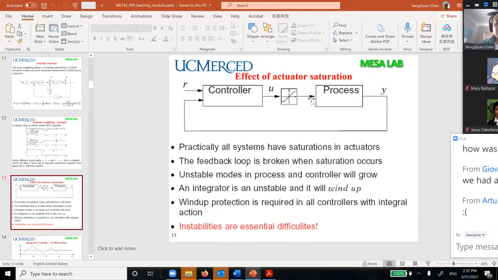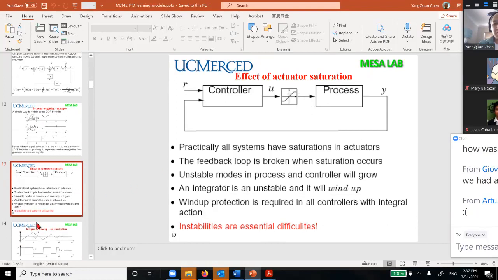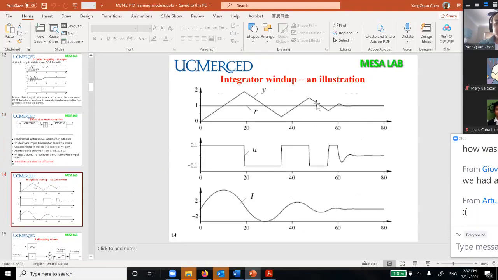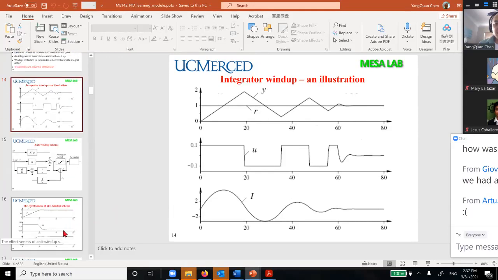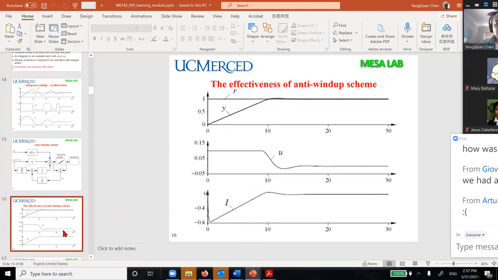Another feature is regarding the saturator. You have actuator saturation here, so you'll have this type of wind-up effect. Your output will oscillate like this. After you have applied anti-wind-up, you are going to get a response like this, with no oscillation.